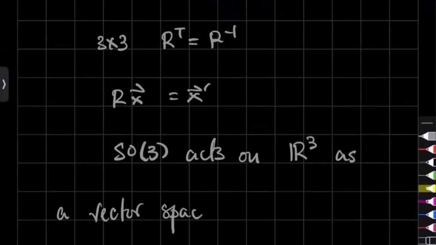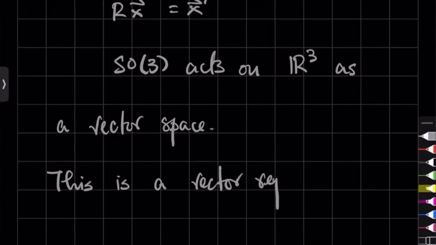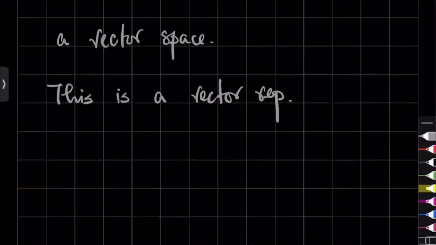Okay? So this representation we call a vector representation. And this is the fundamental representation of SO(3). Essentially, we have a vector V^i. So for SO(N), let's go back to SO(N).